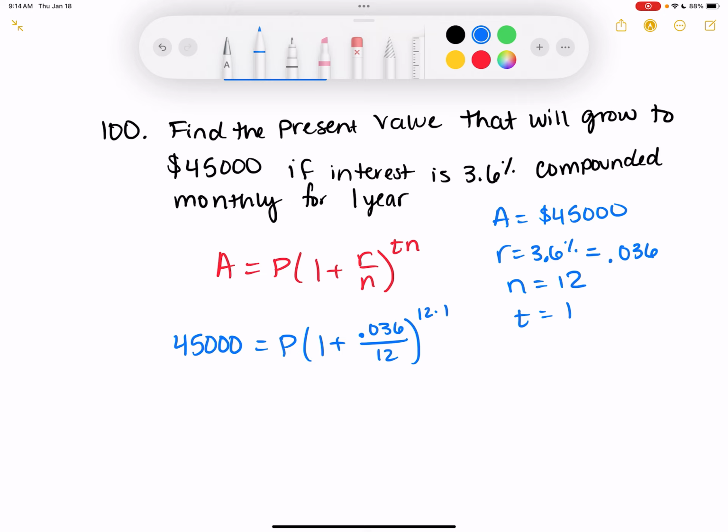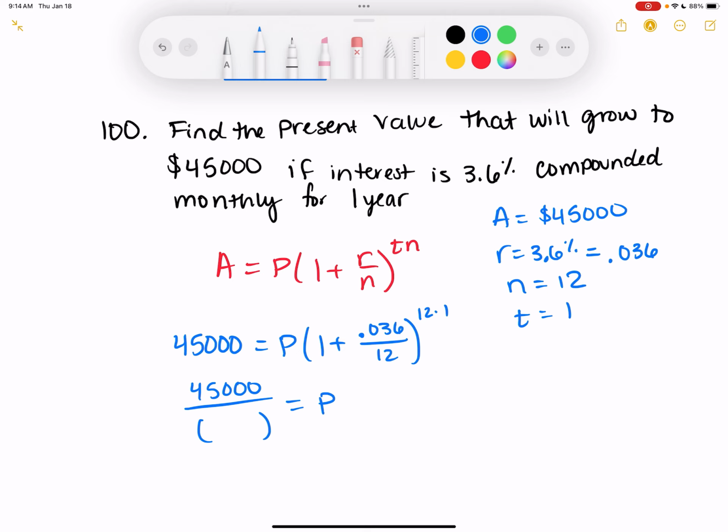So now I need 45,000 divided by all of that stuff, which is equal to P. So if I do 45,000 divided by, and then you hit second, and then the little negative sign at the bottom, that uses the answer that you just found.